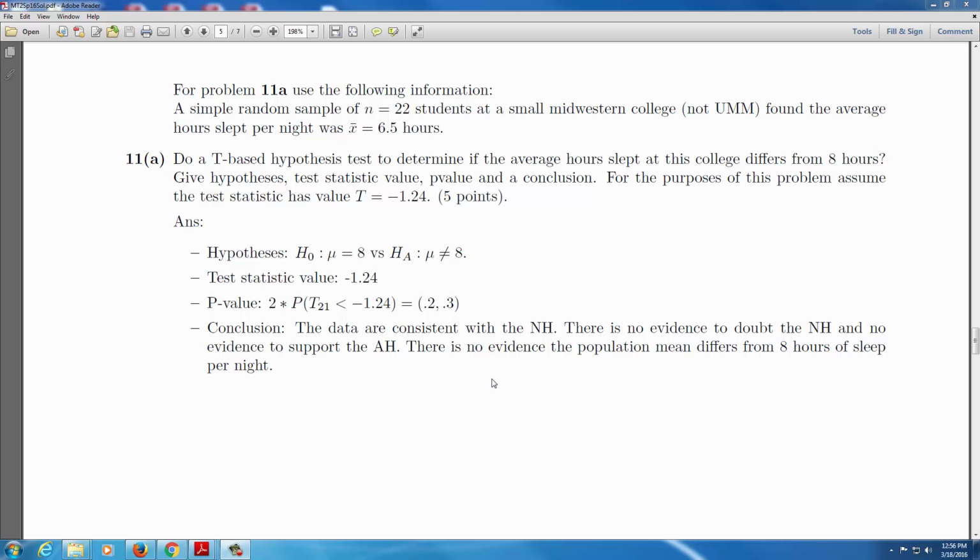A big p-value simply means that the data are compatible with the null hypothesis of 8 hours. It doesn't mean you've supported that idea or you've proven it. So make sure you get that worked out. That's a really deadly error that will continue to cause you trouble if you don't get that resolved. 5 points for that one. 2 points for, I believe, 2 points for the hypotheses and the p-value, and 3 points on the conclusion.